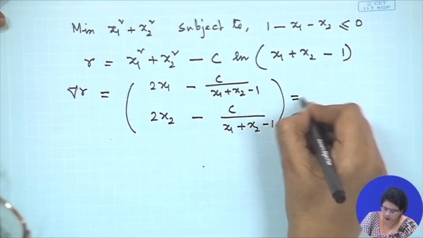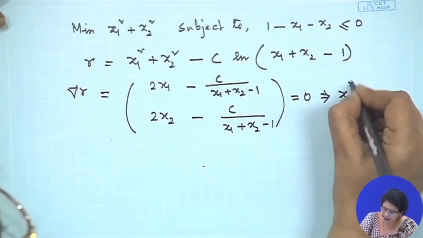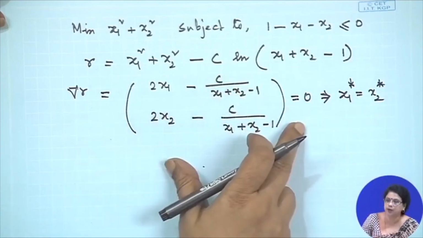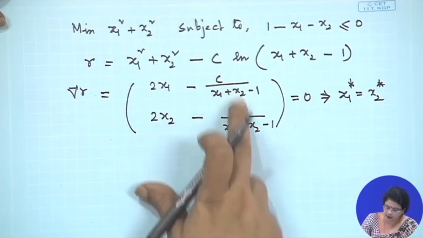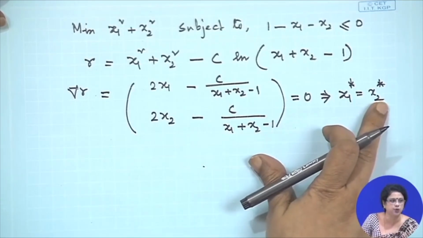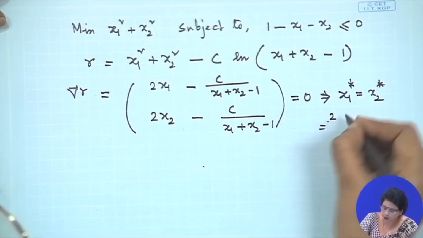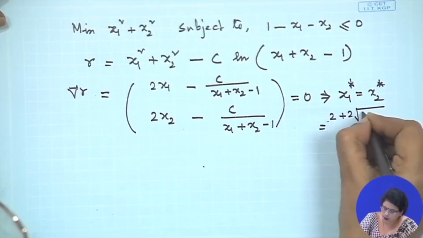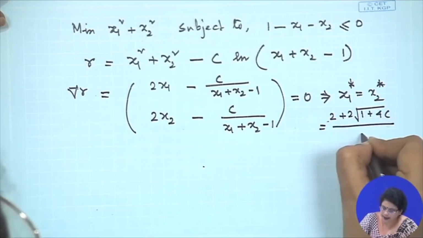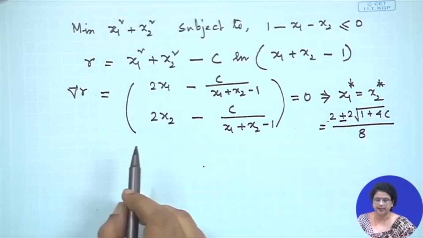This must be equal to 0, and this gives you, at the optimal stage, x1 star must be equal to x2 star, because if we equate these two terms to 0, from there we can say that x1 star is equal to x2 star. Not only that, we can say that this is equal to 2 plus minus 2 root over 1 plus 4c divided by 8, because we will get the condition like this.